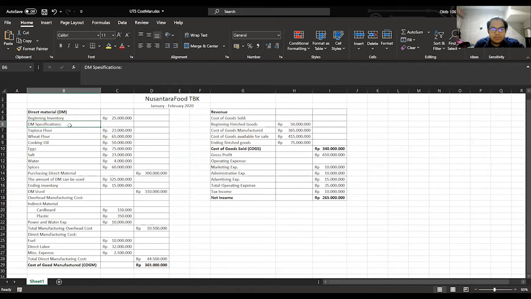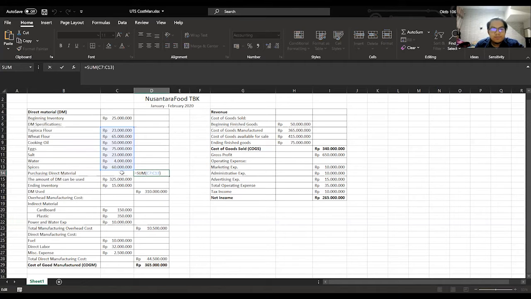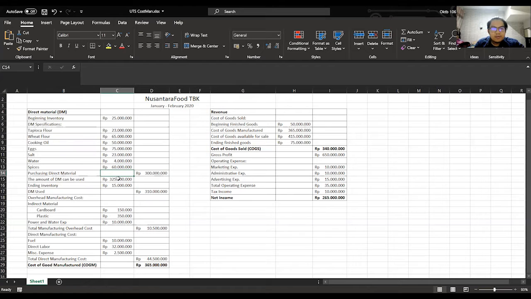The direct material specification has, how many is it? 7, I think. Yes, 7 items that we need to buy: tapioca flour, wet flour, cooking oil, eggs, salt, water, and spices to make the noodles. So we have to buy these first for the production. Let's sum all of this, and we get 300 million, and we add it with the 25. 300 plus 25, we get 325.